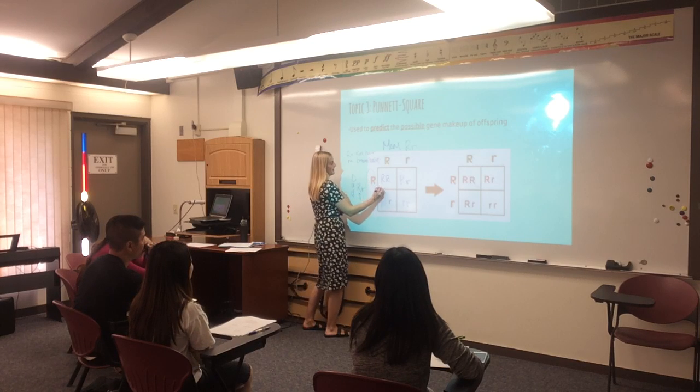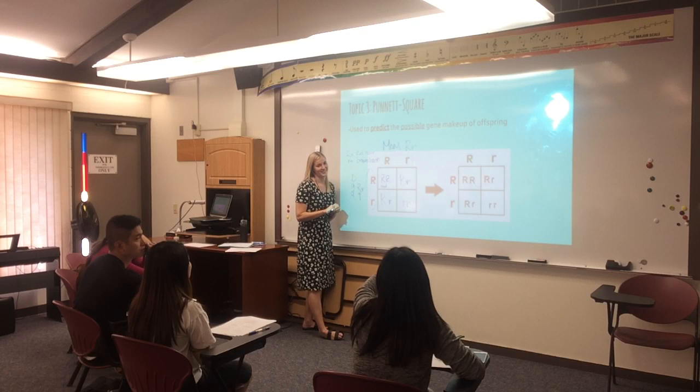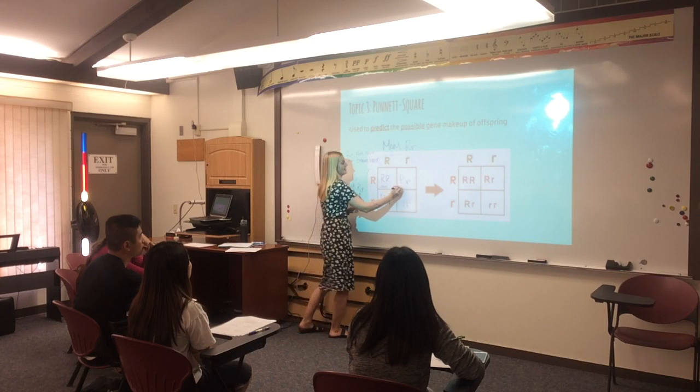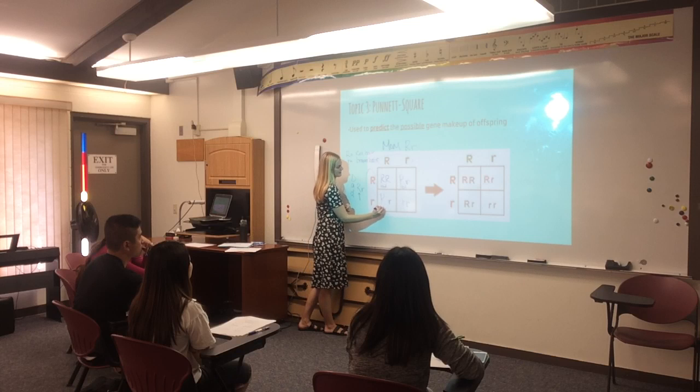Red hair. This one? Red hair. Why? Always show the dominant. Even if there's the recessive, if there's a dominant, it always takes the place. Does that make sense? So this one would be red as well. And this one, brown.